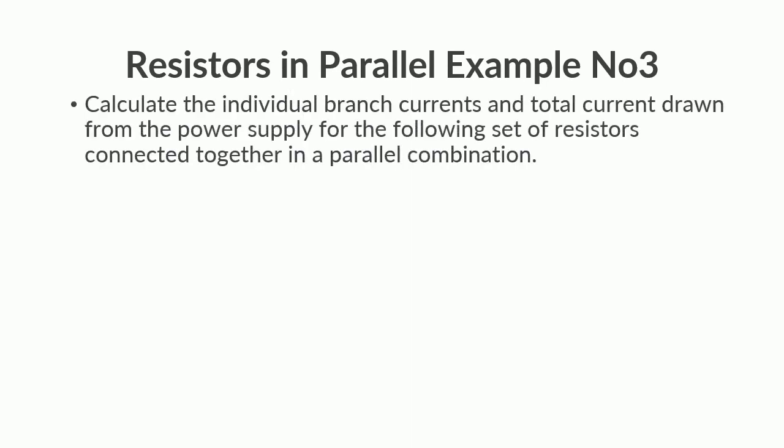So let's take the third example in resistor in parallel. Calculate the individual branch currents and the total current drawn from the power supply for the following set of resistors connected together in a parallel combination.